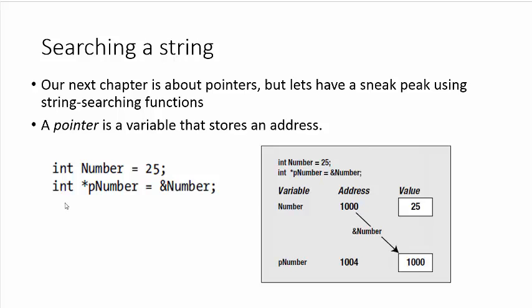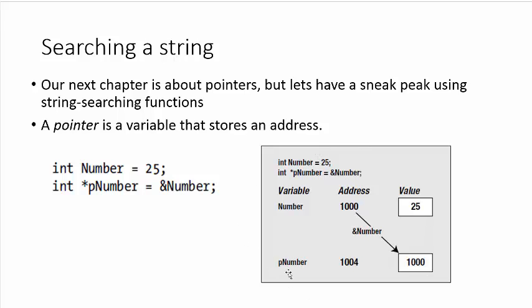Then I can declare this pointer right here, and I declare it by putting this little asterisk in front of it to tell the compiler that this is a pointer. And then I can get the address of where number is and store it right here. So this is kind of a picture of what's happening.